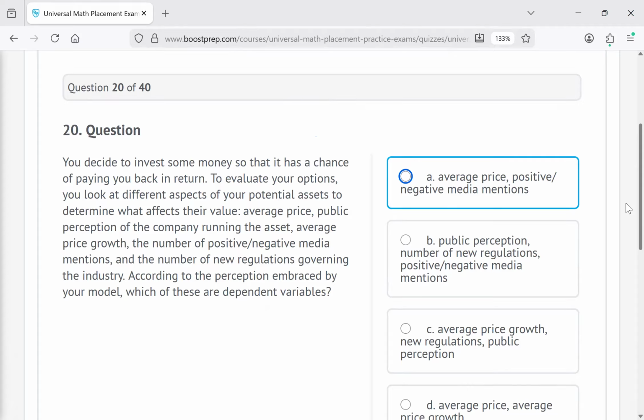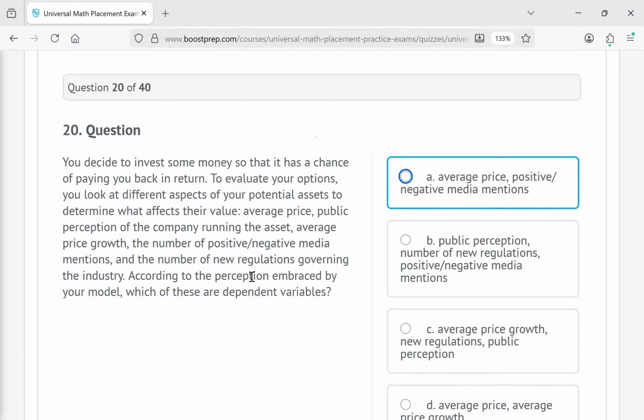So dependent is basically the y value, right? Dependent is the y value. It's not an x value. So what could be a possible y value? Is it A, average price growth, B, public perception, C, average price growth, or D, average price?